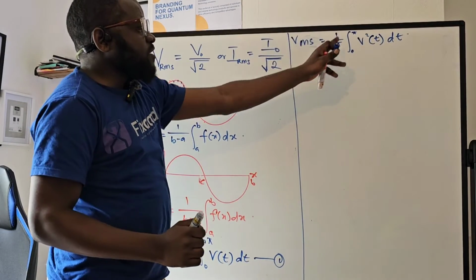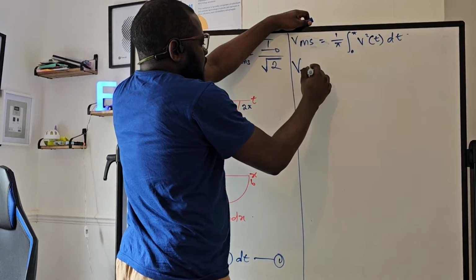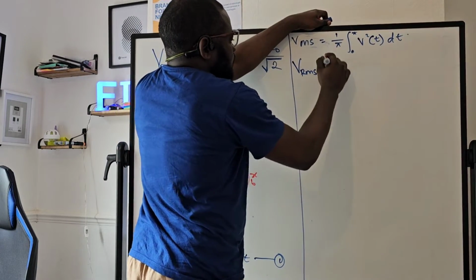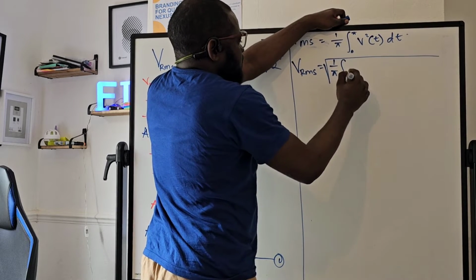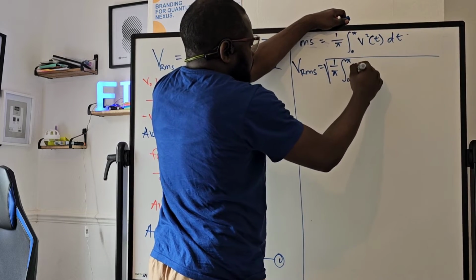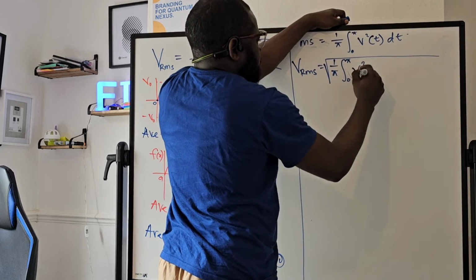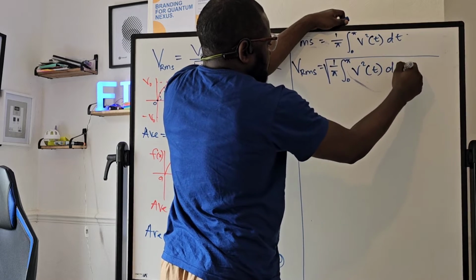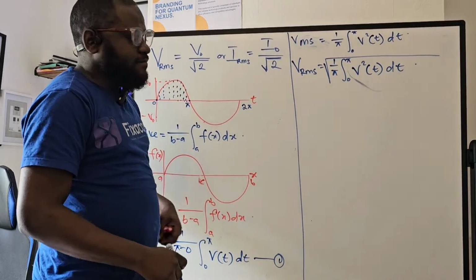So root mean square voltage will now become the square root of 1 over pi, the integral from 0 to pi of v squared dt. Have you seen this now? I believe you are following.